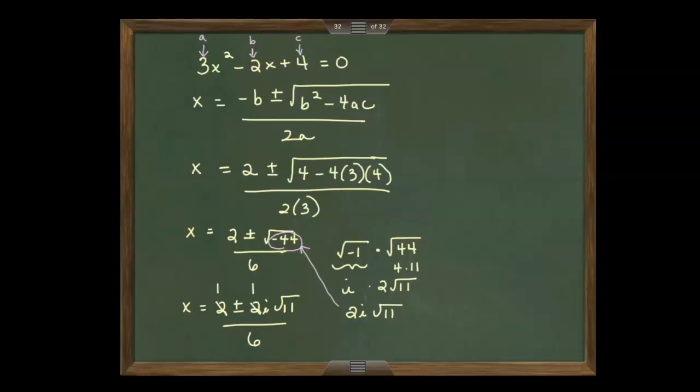So 2 goes into 2 one time, 2 goes into 2 one time here, and 2 goes into 6 3 times here. So our final answer then becomes 1/3 plus or minus i times the square root of 11 all over 3.